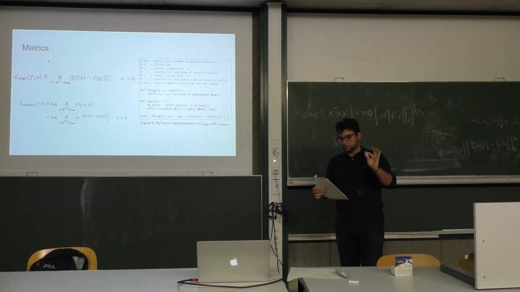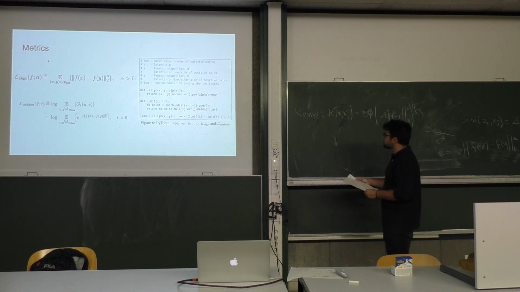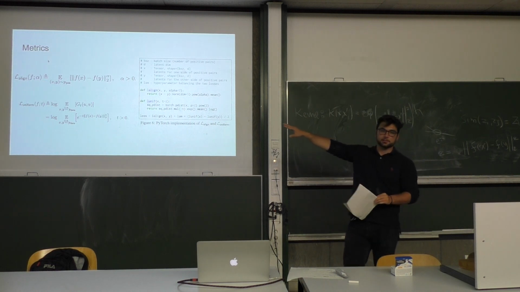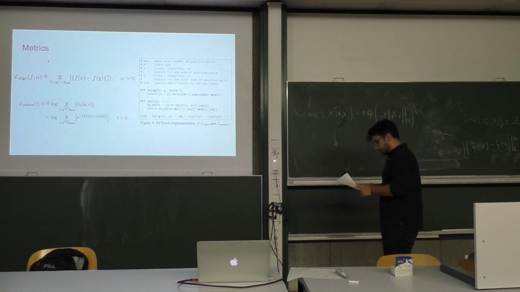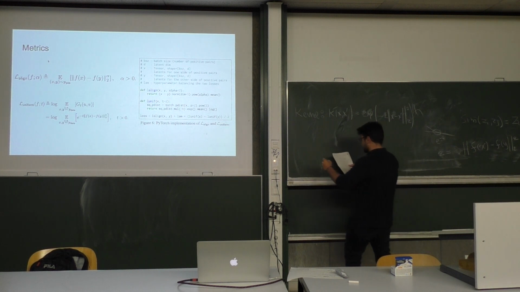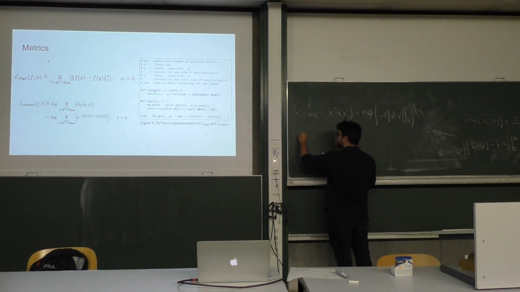I just want to make some small connection with probability distributions, because this is totally empirical. This has nothing to do with probability theory. But insofar, we can show some connection with the isotropic Gaussian distribution.